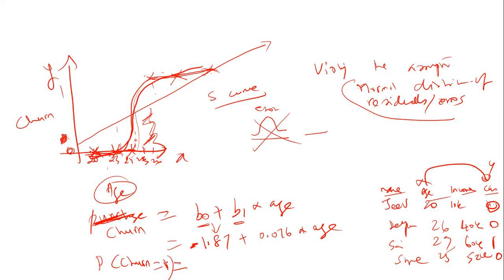Which customers are more likely to leave my business? If I put it in terms of percentage, adding everything, I'm getting 7.6%, almost 8%. There is an 8% chance that this specific customer, let's say Deepa, is going to churn.